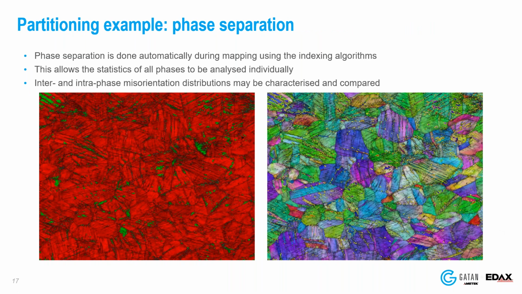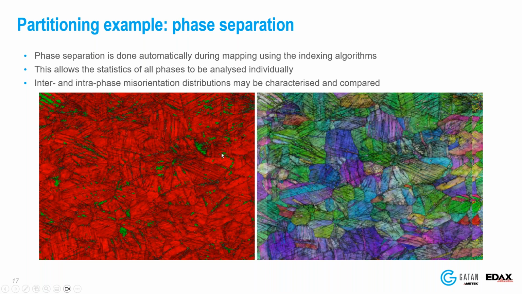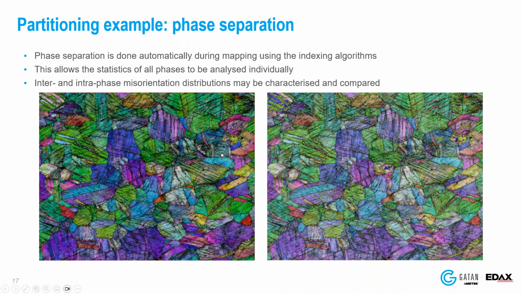An automatic partition application is the phase separation. So we do that during mapping in the indexing algorithms. If I have a multi-phase sample, a duplex steel, or here I have ferrite, austenite, there's some small ferrite particles left over here. During indexing, the software recognizes what's what, and it automatically tells them apart.